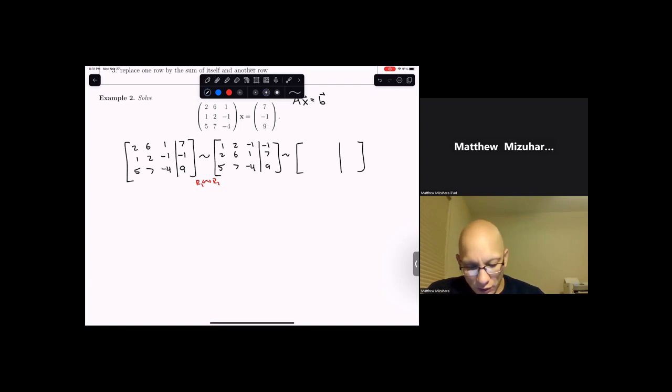Now I'm going to use that pivot that we've created in that top left corner to get zeros below it using my other row operations. So I'm going to copy down that first row again. For example, if I do -2 row 1 plus row 2 and use that to replace row 2, this is like the bread and butter move of getting zeros. So what does that look like?